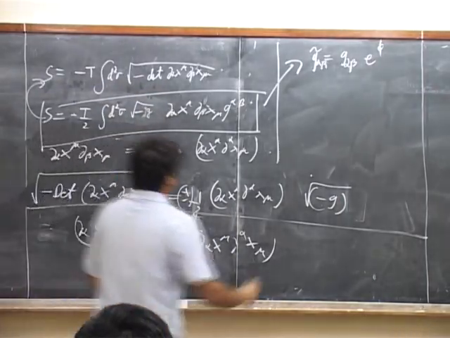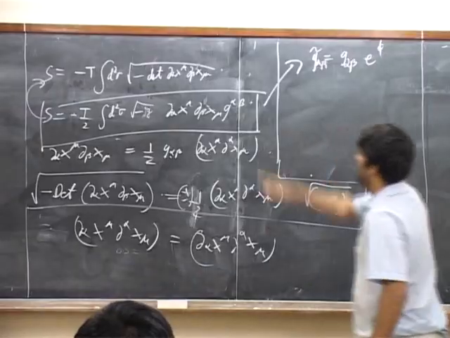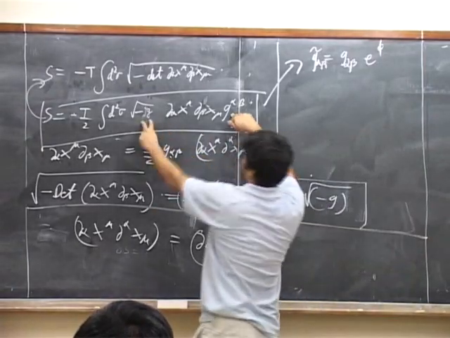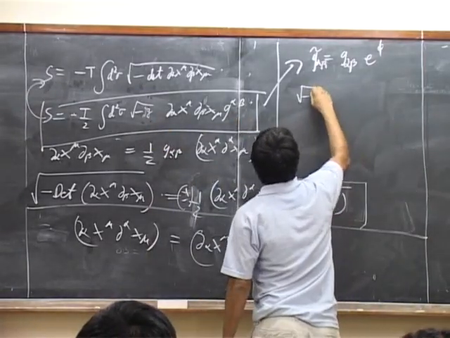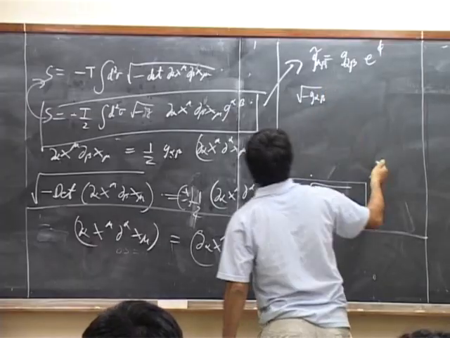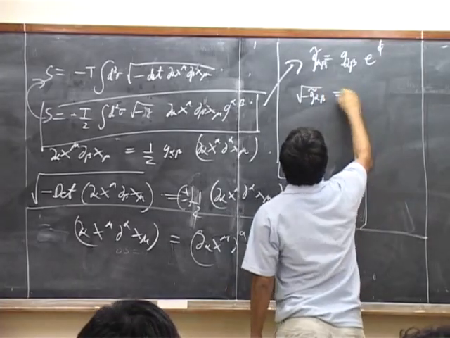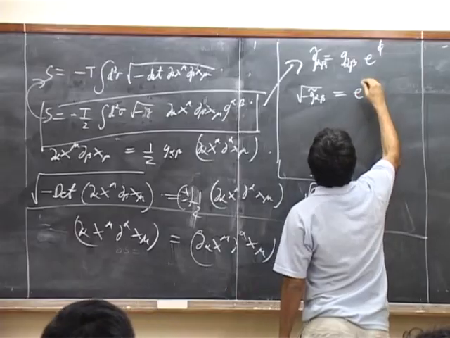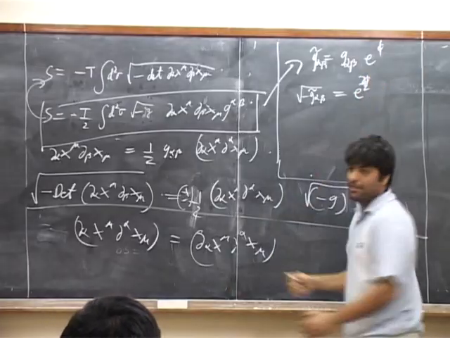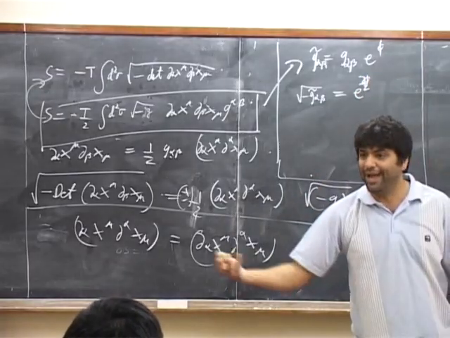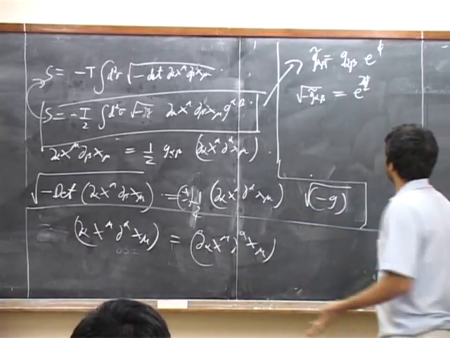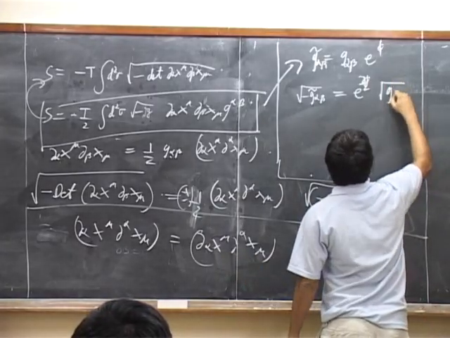Now under this transformation, what happens to all the fields that enter this action? Well, square root of minus determinant of g tilde is equal to e to the power 2 phi by 2. The 2 phi is because the determinant scales like a square, and the by 2 is because we take the square root.